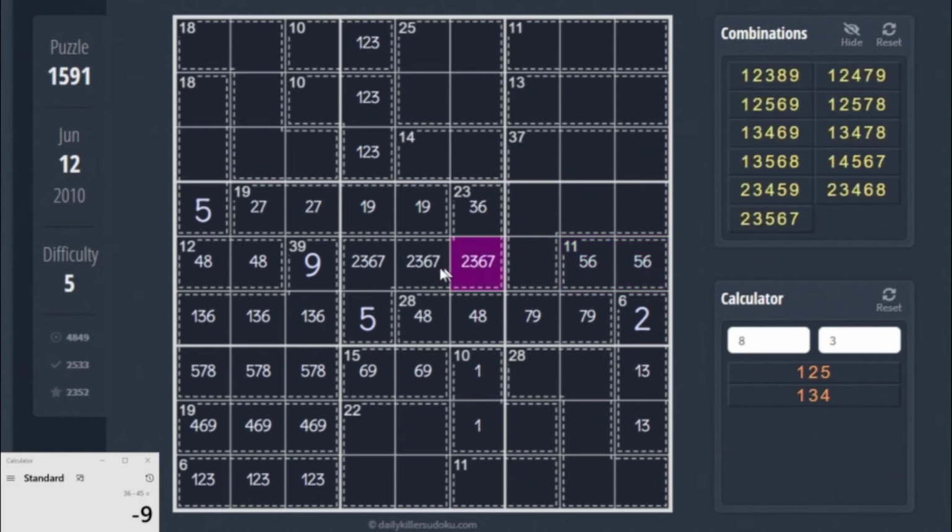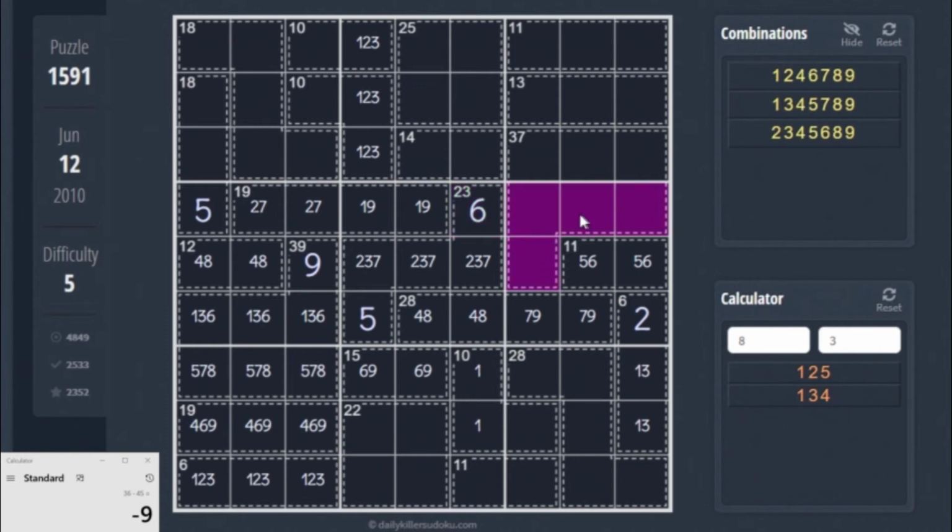5 and 6, we can get rid of 6 from these possibilities, and then we got 2, 3, 7 triple, which is, 3 can only be placed on one of these cells. So 3 cannot be here, so we can remove 3, which is going to give us 6. And we can fill in the remaining candidates here.